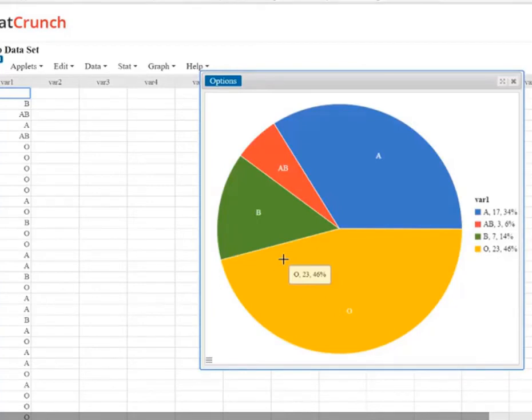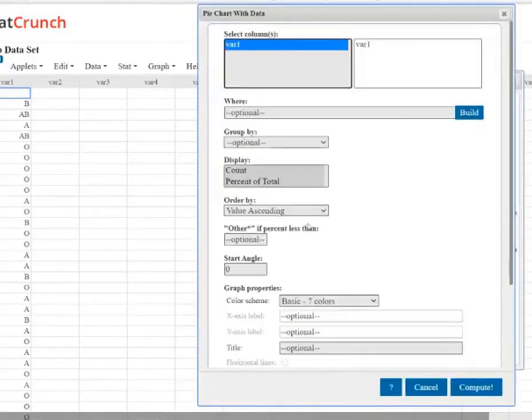Another reason I started mentioning that is that, typically, like what you can see right here, our graph is starting here and it has A, B, and O. The pieces of pie in the multiple choice answers may not be in the same order. So I want to show you that you can manipulate that a little bit. As I was creating this, I want you to notice this option right here.